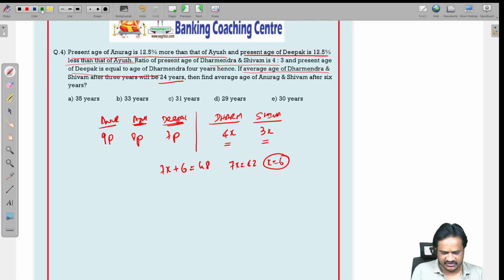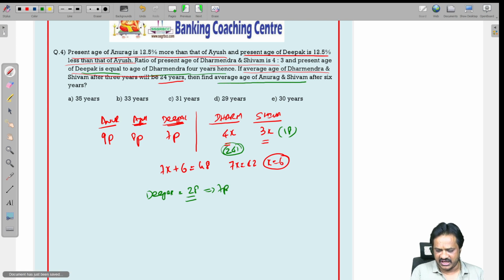If x is 6, Dharmendra is 24 and Shivam is 18. Here the present age of Deepak is equal to Dharmendra's age 4 years hence. What is Dharmendra's present age? 24. After 4 years, 28. That means 7 parts equal to 28.